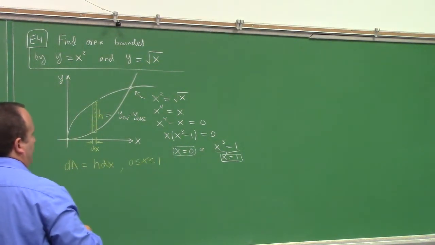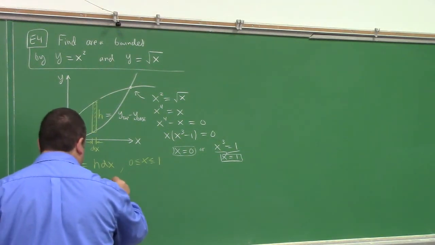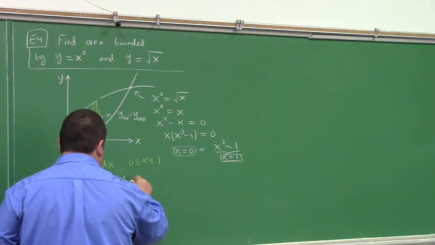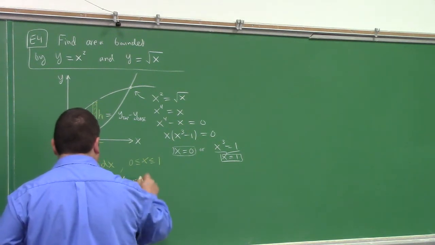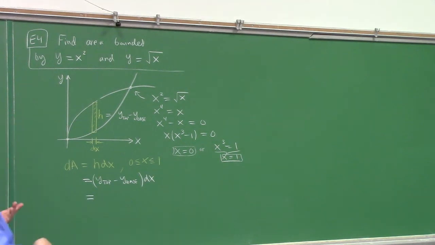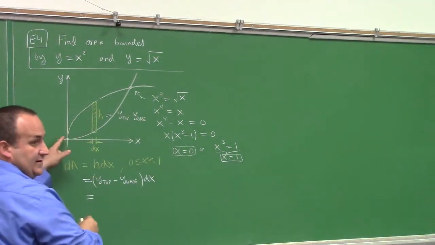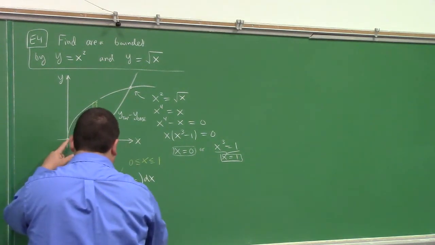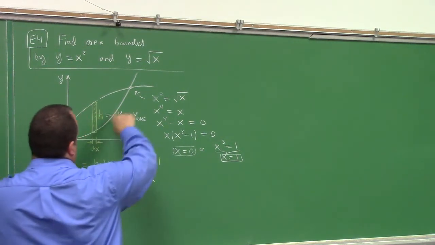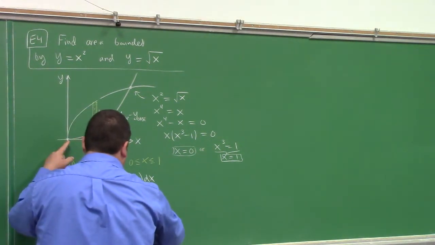What's the bottom y? And does it make sense to say that there's just one of each? I mean, there is just one of each, right? The top y is given by square root of x, right? The bottom y is x squared, right?